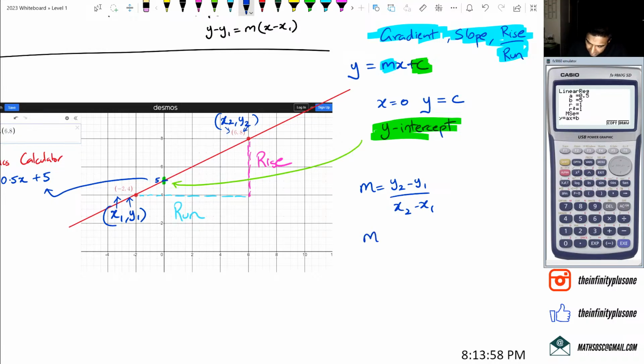So we can say y2 was 8, y1 is 4, x2 was 6, and x1 is -2.